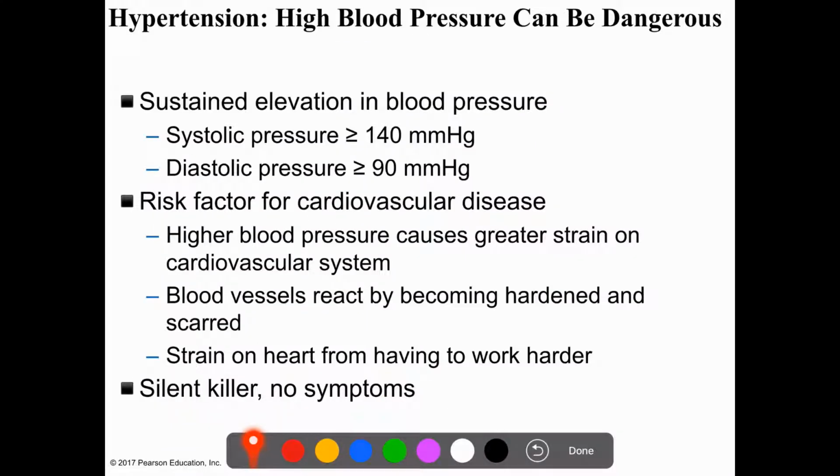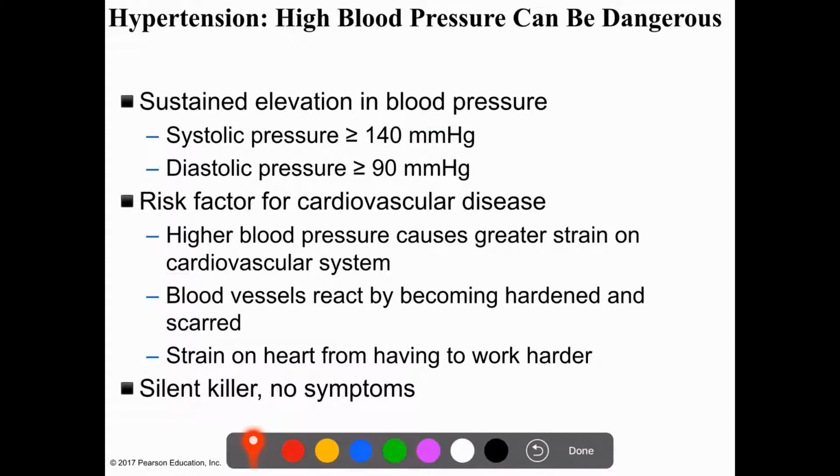Now, of course, there are diseases associated with blood pressure. Constant high blood pressure is a problem because it causes a strain on the cardiovascular system. That is hypertension, constant high blood pressure.